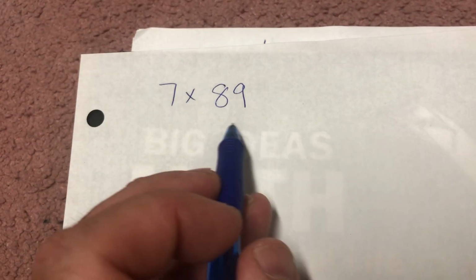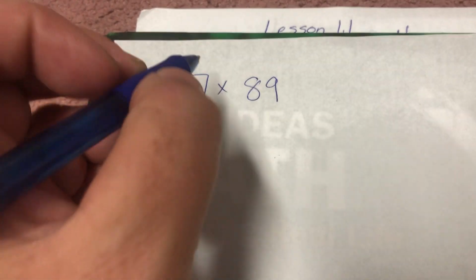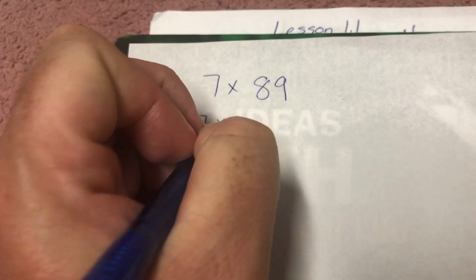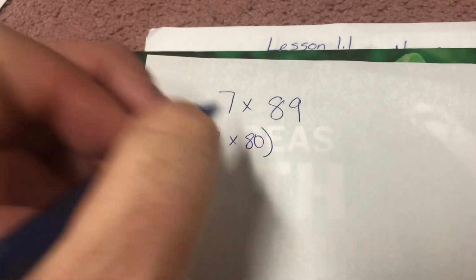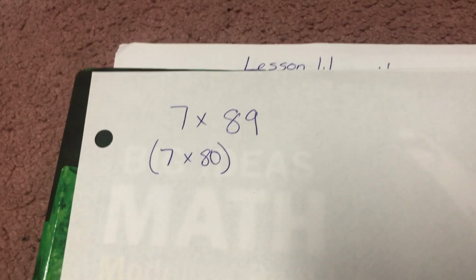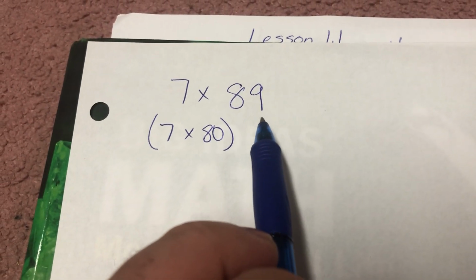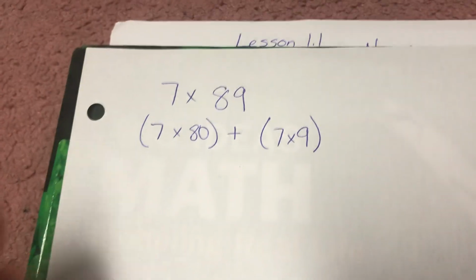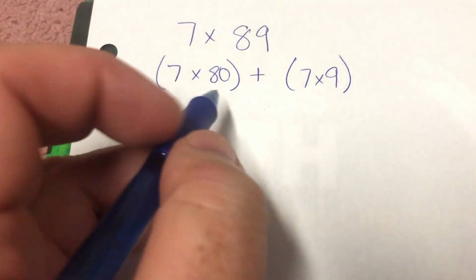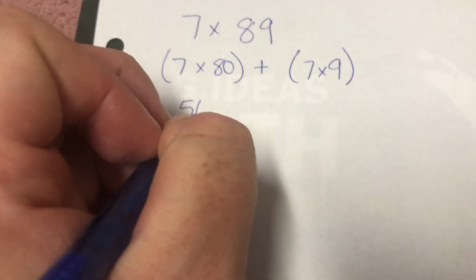So once again, an 8 in the tens place, that's going to be 80. So this is going to start with 7 times 80. I'm going to have a 9 in the ones place. So we're going to be adding to that 7 times 9. I use the zeros trick. 7 times 8 is 56.